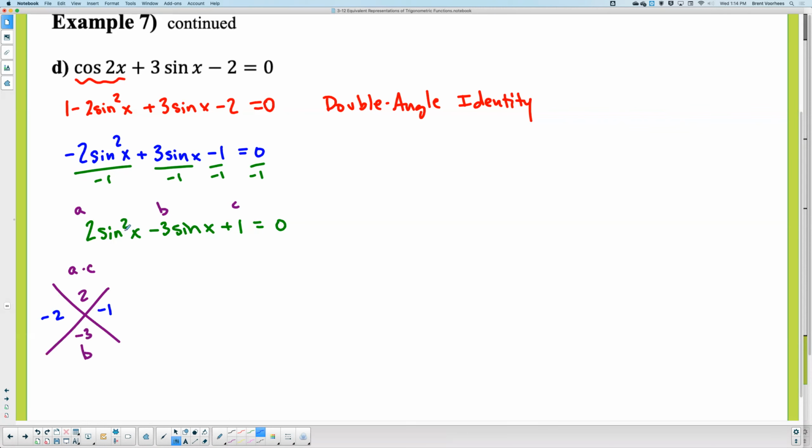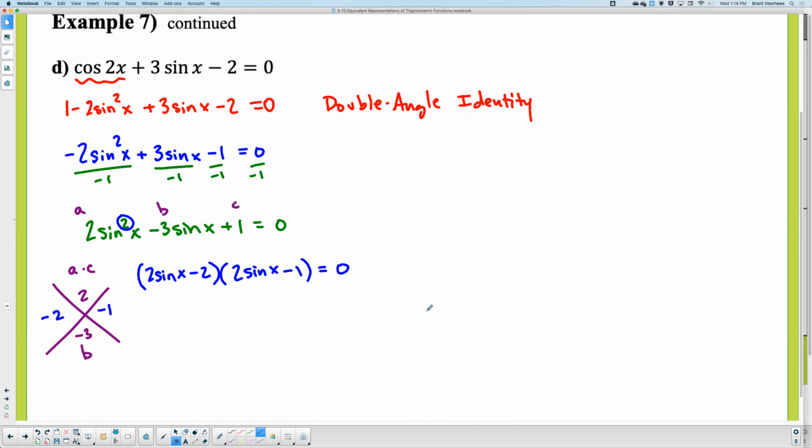So now what we do is we break apart the square. And so without simplifying, it would be 2 sine x minus 2 times 2 sine x minus 1, all that equals 0.